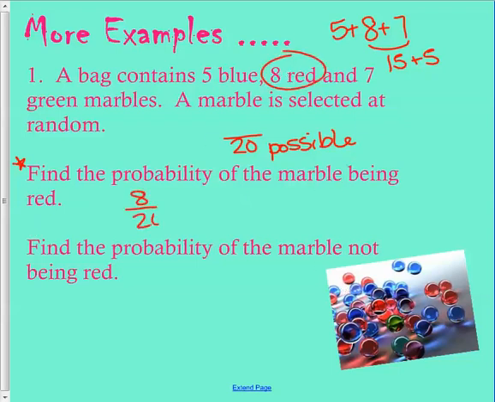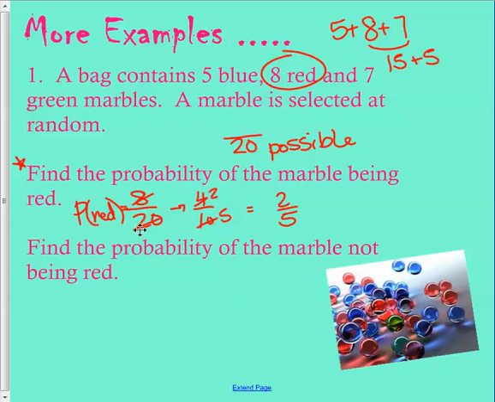So 8 out of 20 would be the probability of getting a red, making sure that we always put P with the parentheses red. Now, that can be simplified. What number goes into 8 and 20? You might be thinking 2. So that's 4 out of 10. But that can still be simplified by 2, so 2 out of 5. So our total is 2/5 for the probability of getting a red.